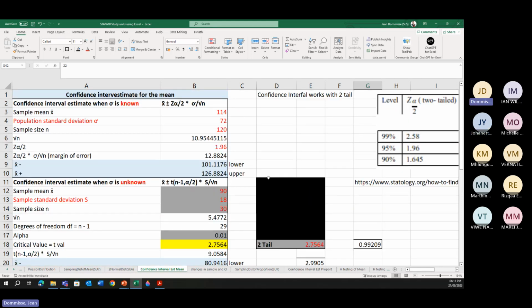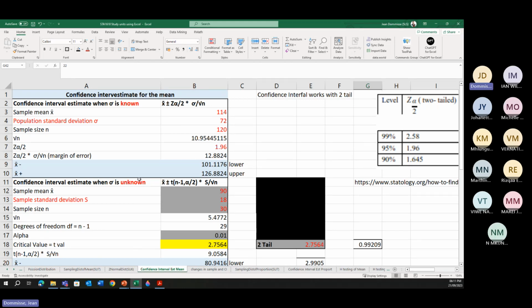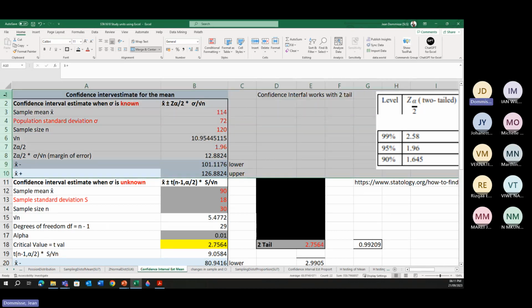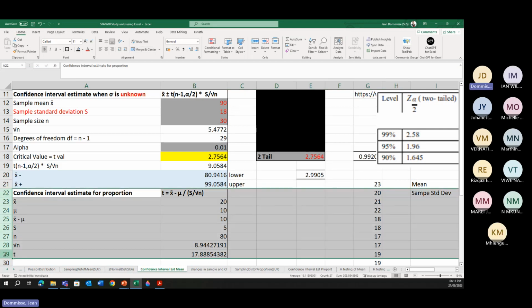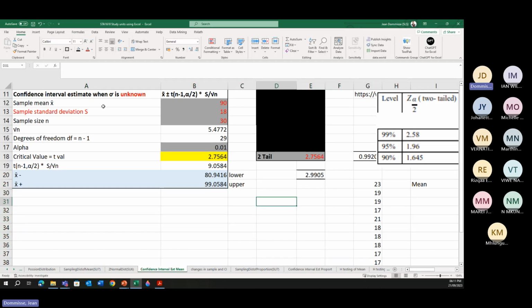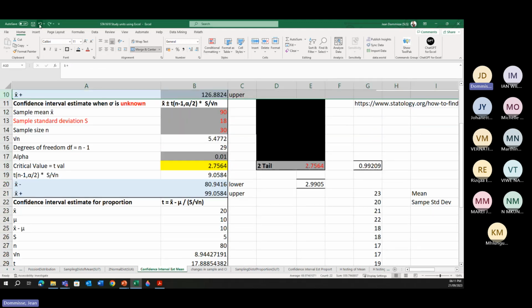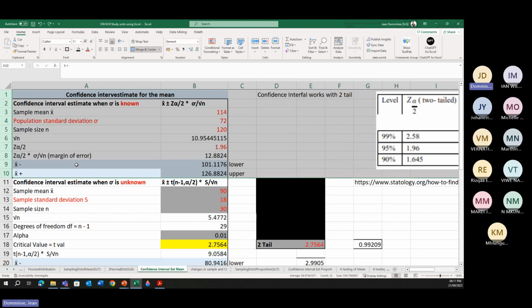So what I would have done if I'm using this in the exam, and do it now as you prep as well, when I get this question and I see, okay, confidence where it is unknown, what I would just go and do is say, hide that, hide the other stuff. Let's focus now on this question. Just so that you don't get confused with all the information.